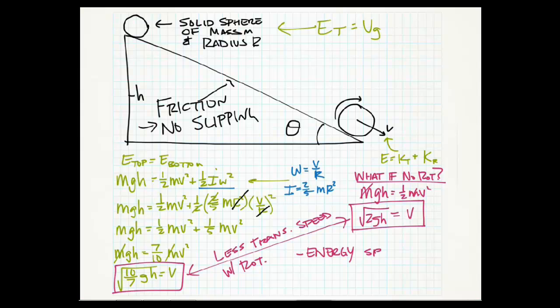It splits between translational energy and rotational energy. It's not all going into the translational velocity. Some of that energy was spent, if you will, making the thing spin.